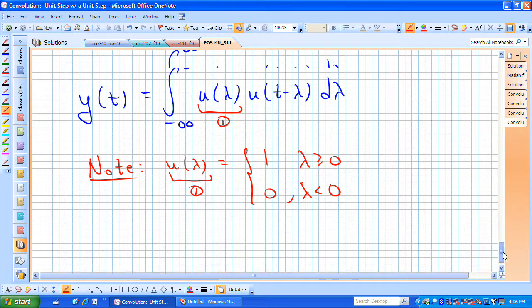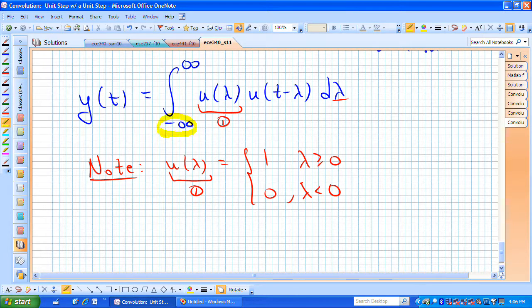Well, what are we integrating with respect to? We're integrating with respect to lambda, and that lambda is varying between minus infinity and infinity. But this particular piece of the integrand is only going to be 1 when its argument lambda is non-negative, which says that all of these negative values in the integration are not going to matter.